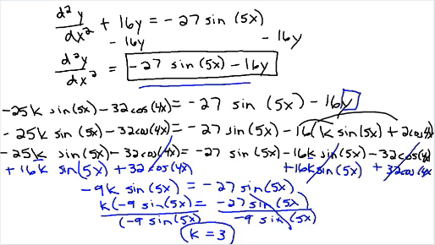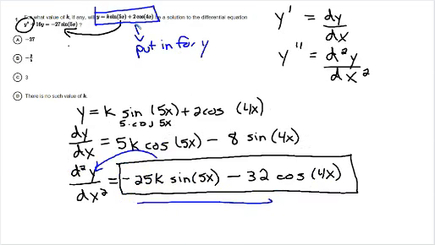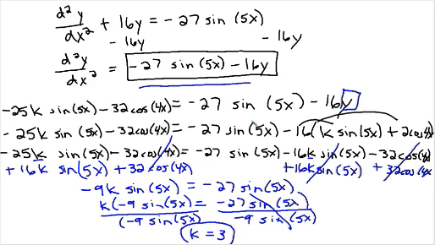So the reality of this problem is that it requires moving from the original equation to the second derivative, and then setting these two different expressions for the second derivative equal to each other, and doing some algebra.